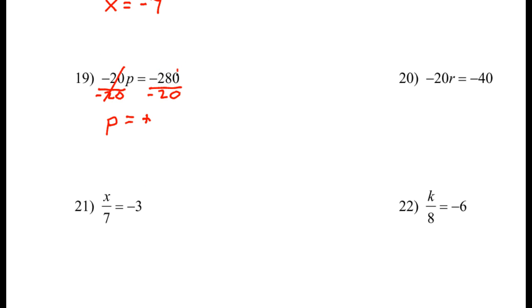Zeros cancel out. Same as a 10 canceling out. 28 divided by 2 is 14. Okay. Then please prove 14 times 20 equal -280. Okay. Check it out, make sure it is correct.